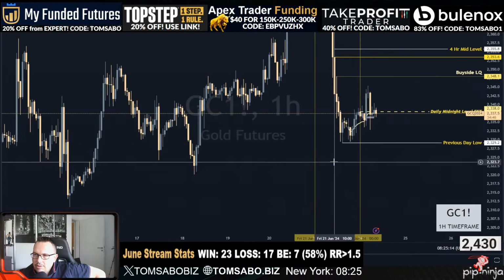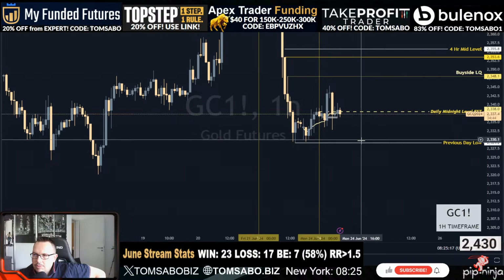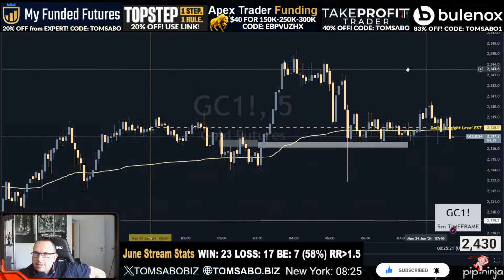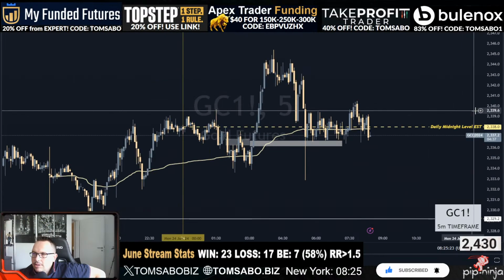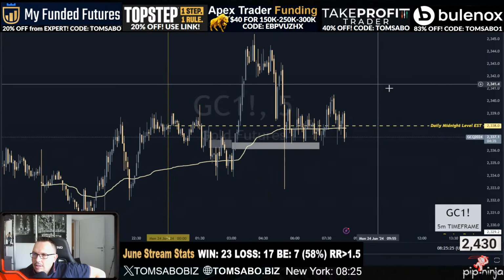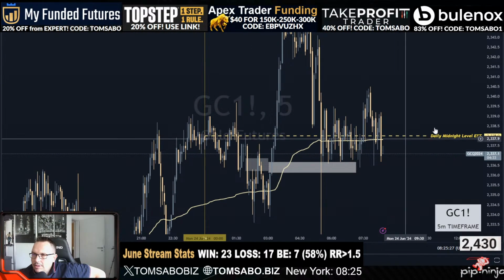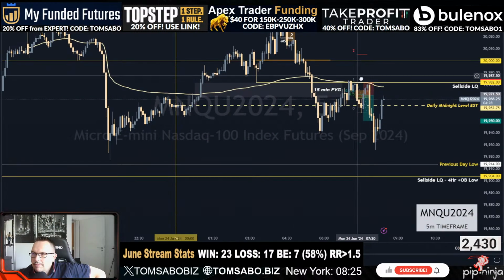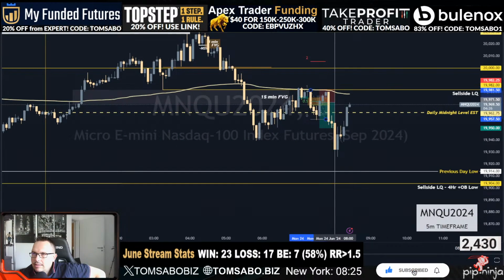Higher lows, higher lows. I don't think this one wants to break that low. Doesn't seem like it for now. I'm going to keep an eye on it. Shifted structure on this recent swing, but it's really not my favorite.